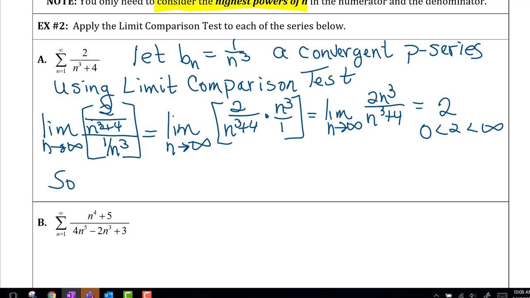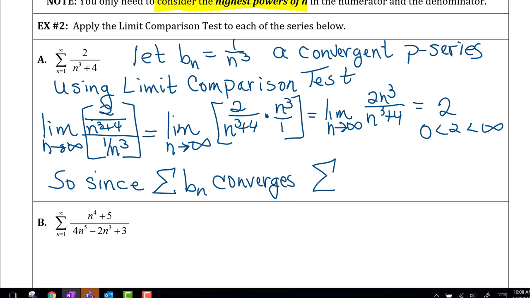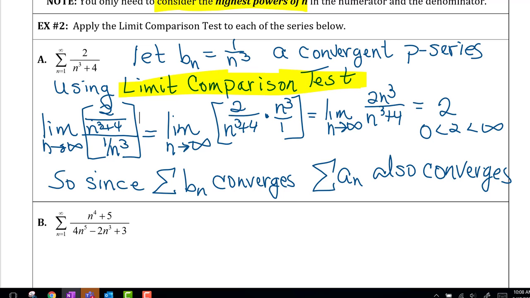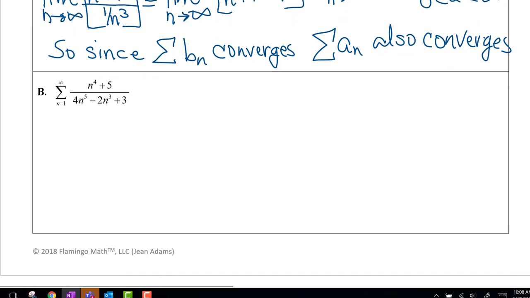So you can say, since, and you can be kind of general here, the series b sub n converges, then your a sub n also converges. And if you notice, we've already said what test we were using, the limit comparison test, so you don't have to list it again in your conclusion.